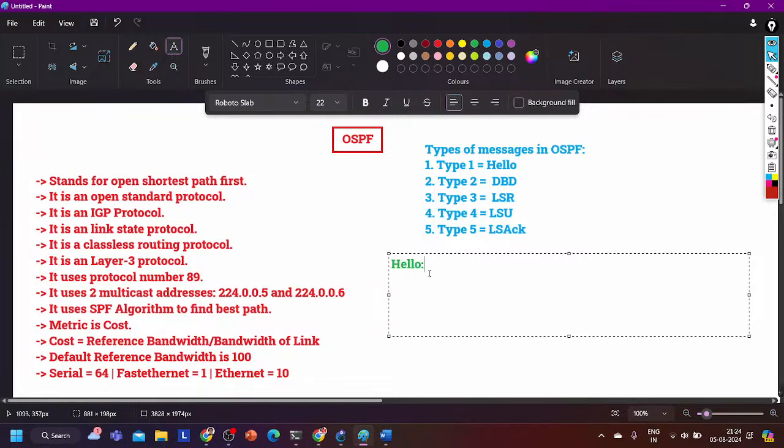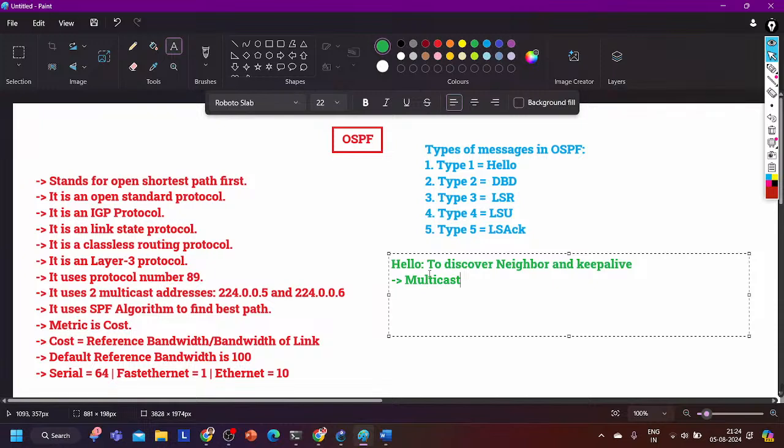Now the hello message. The hello message is used, first, to discover neighbors, like EIGRP, and for keepalive. And the router always sends the hello message on a multicast address in case of dynamic neighborship. Again, we have two types of neighborship in OSPF, static and dynamic.